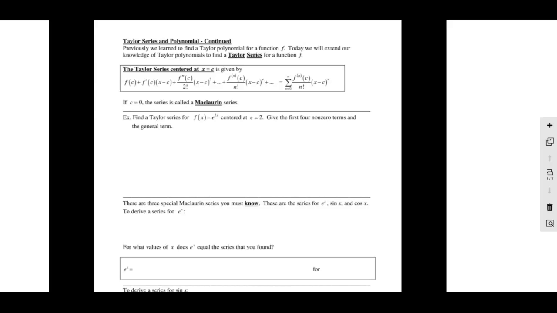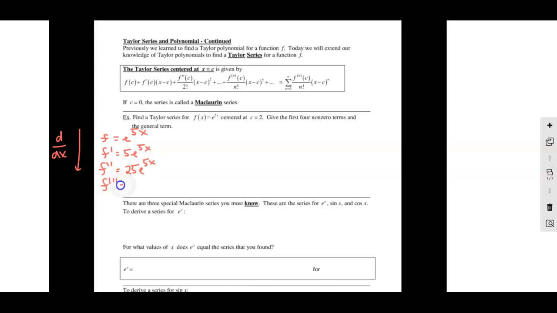We're going to build a Taylor series for this function, e to the 5x. First thing we're going to need is just to take some derivatives. So let's go for it. We have f, which was e to the 5x. Let's just go take some derivatives. So it would be 5 e to the 5x. Then the second derivative would be 25 e to the 5x.